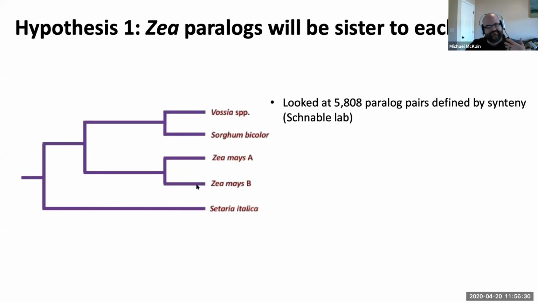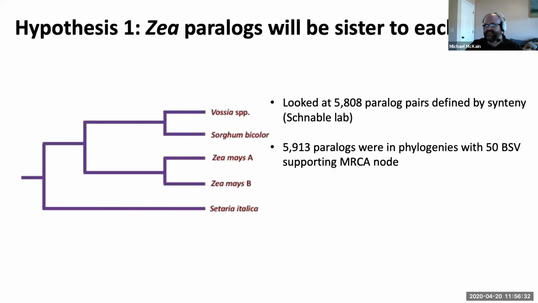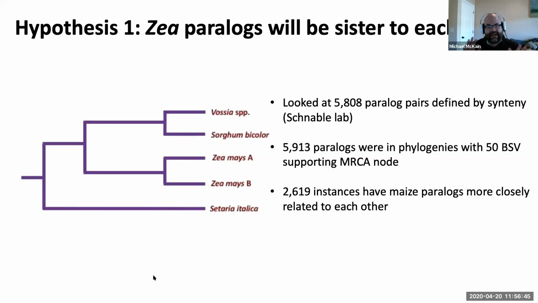If we look at 5,800 paralog pairs defined by synteny, we find that about half of them, so that's paralogs, not pairs, had bootstrap values of 50 or more when we looked at the phylogeny. So we see about 2,600 instances of this phylogeny, suggesting that Zea copies are sister to each other. Maybe there's no extant subgenome donor lineage or anything like that.